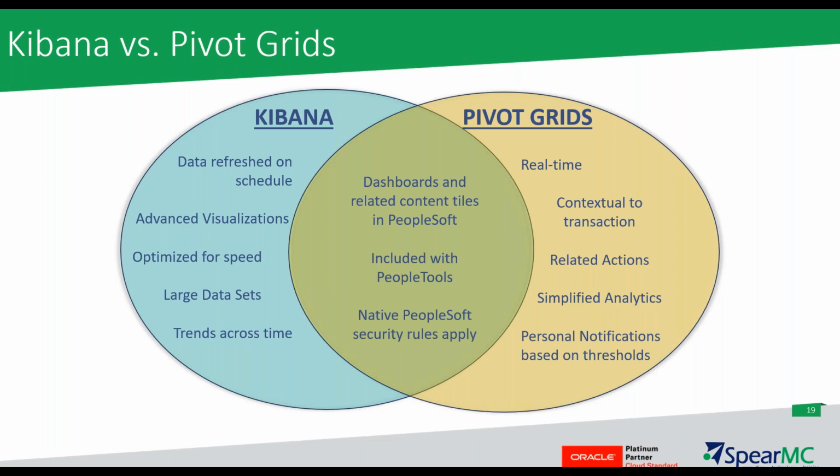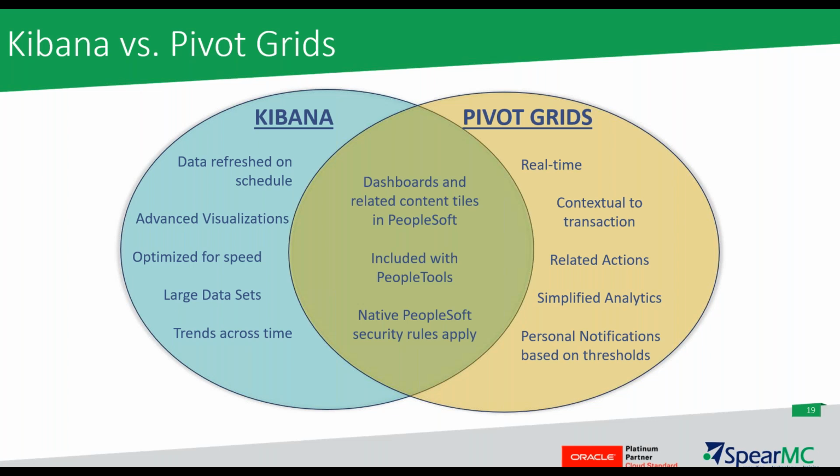Kibana works against the Elastic indexes, not against the PeopleSoft transactional database. So the performance is great both in the analytic itself and there is no impact on transactions. That's the biggest thing. So if you have large data volumes, for example, and performance is an important consideration, then Kibana is definitely where you want to go.